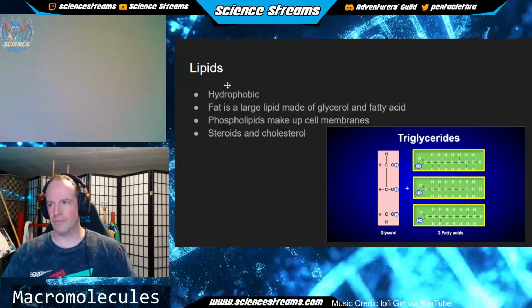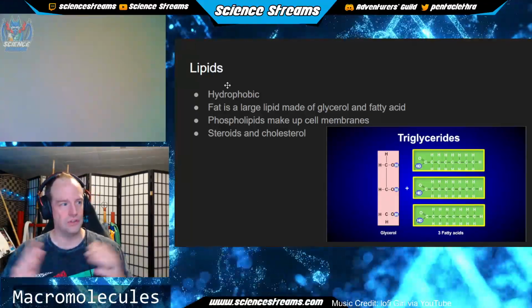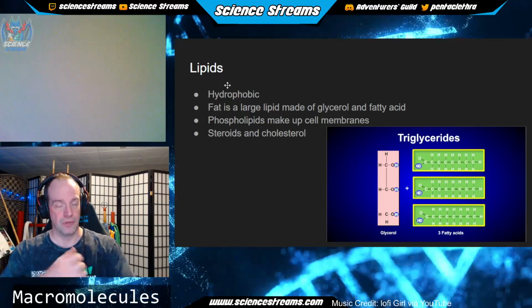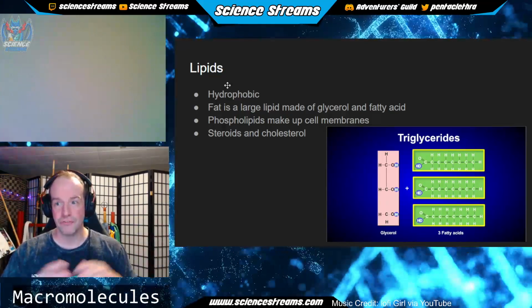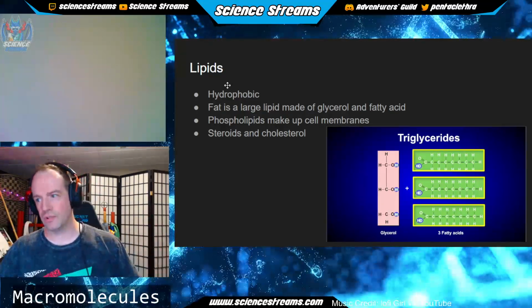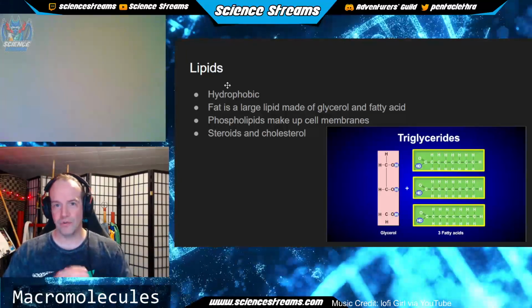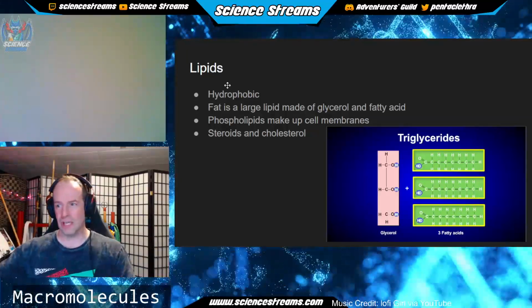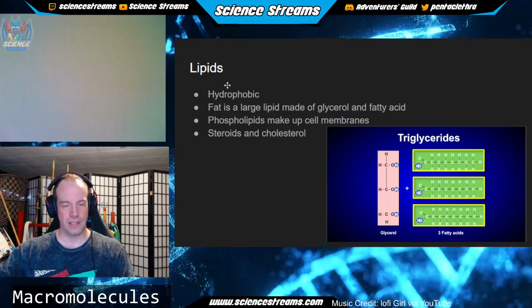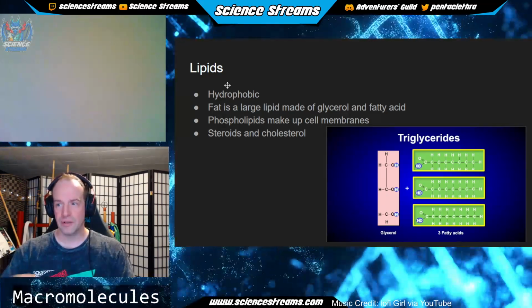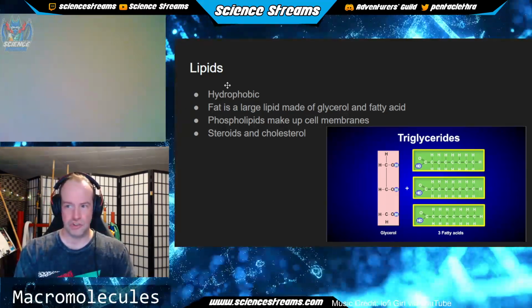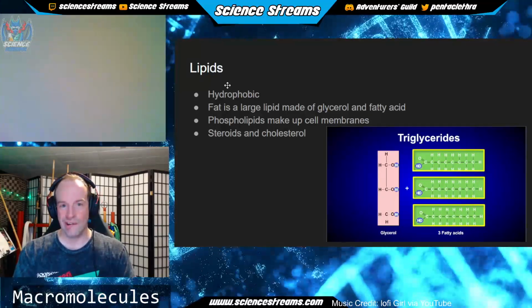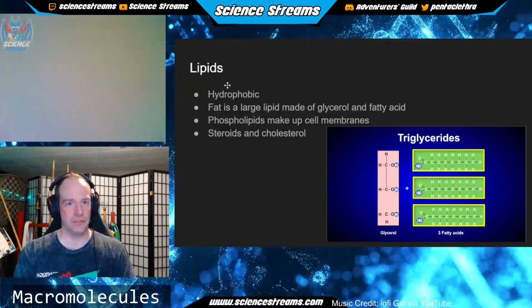Also very important for the cellular membrane, and all membranes within the cell are made of phospholipids. And so this is a different, special kind of lipid that'll actually contain phosphorus as well. But generally speaking, lipids are not going to have phosphorus.